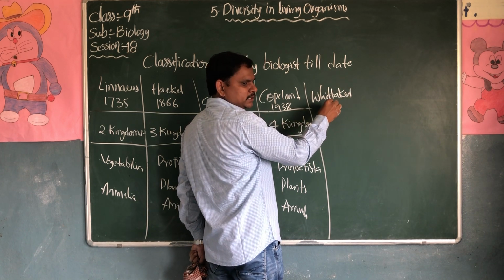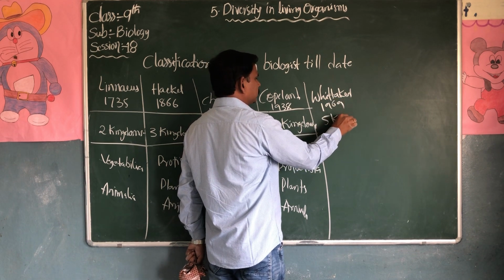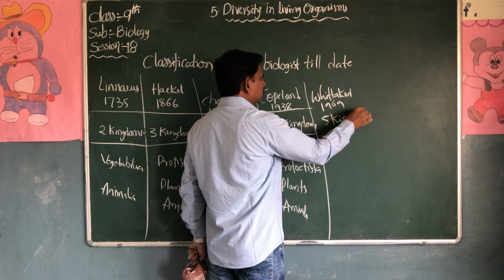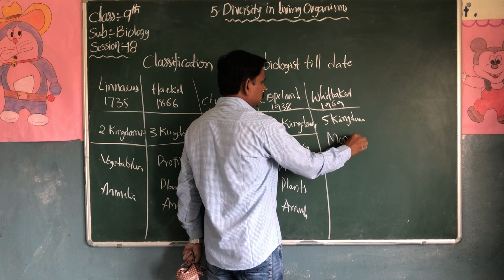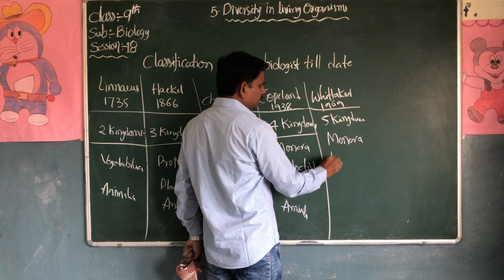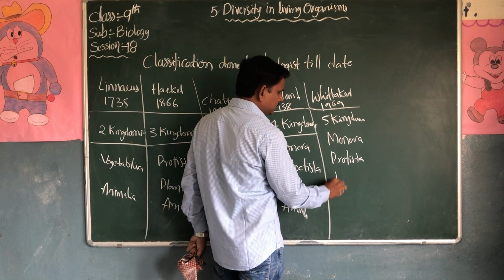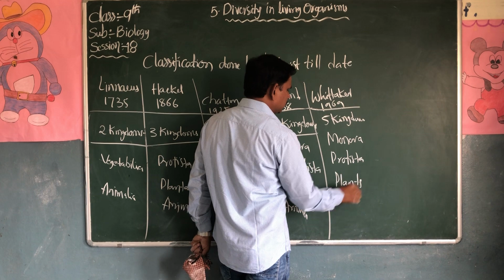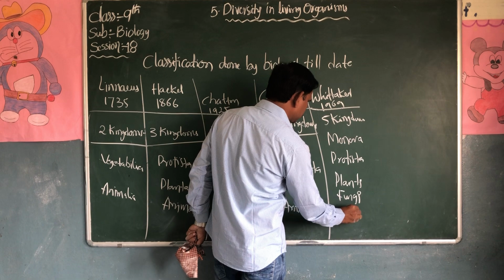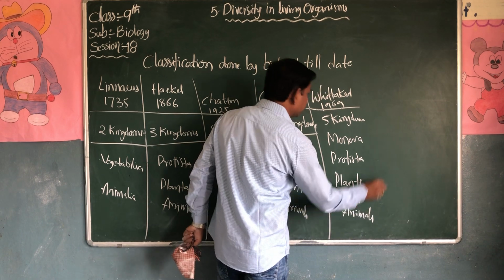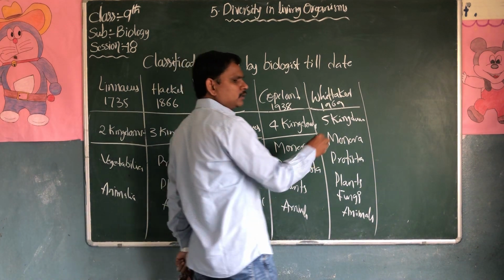In 1969, five kingdoms: Monera, Protista, plants, fungi and animals. Next, Woese et al.